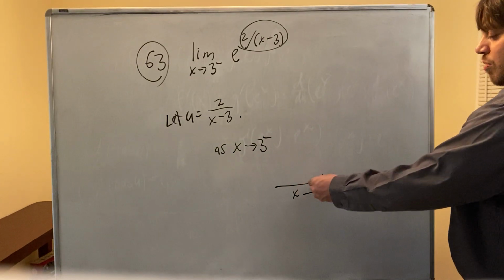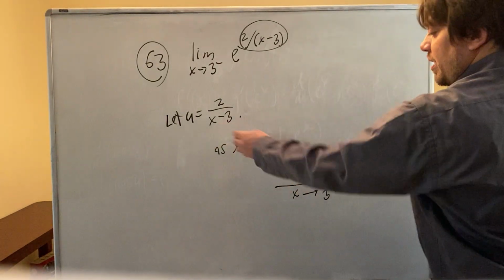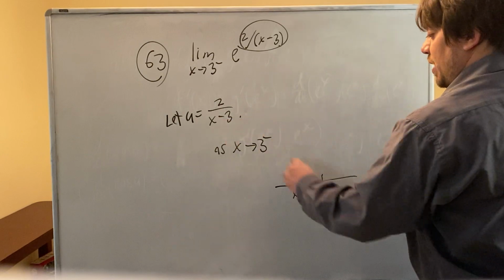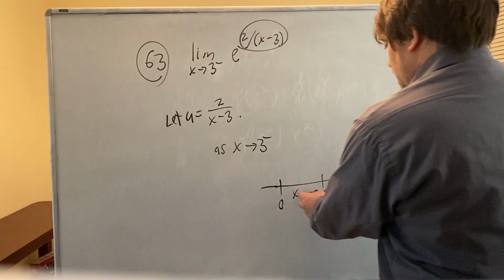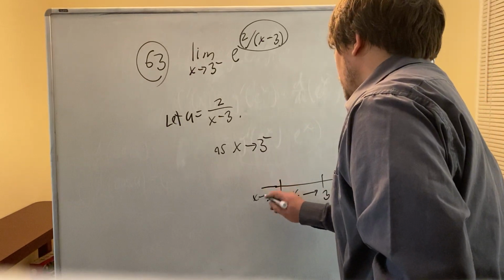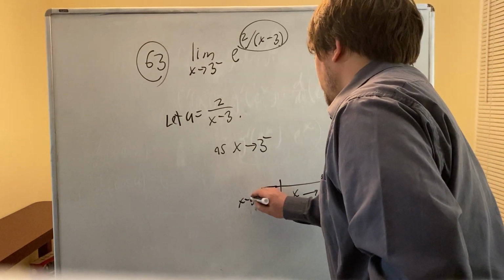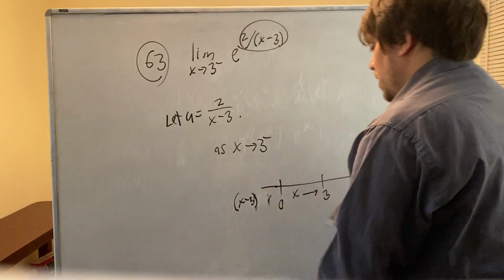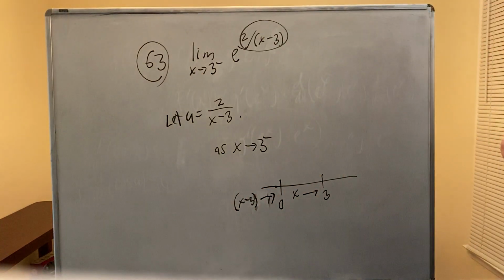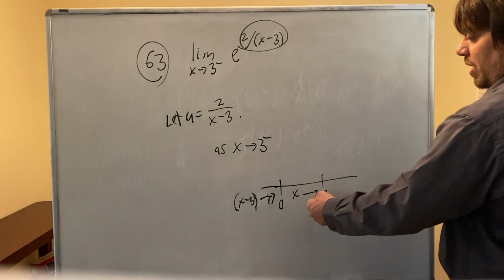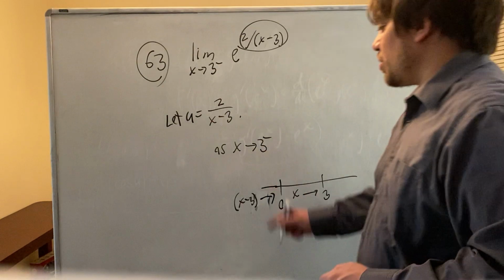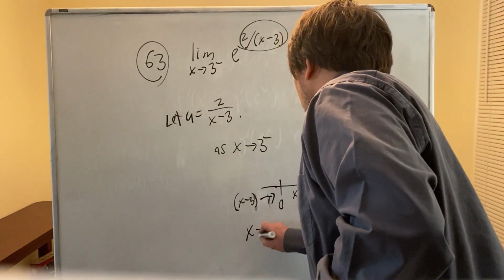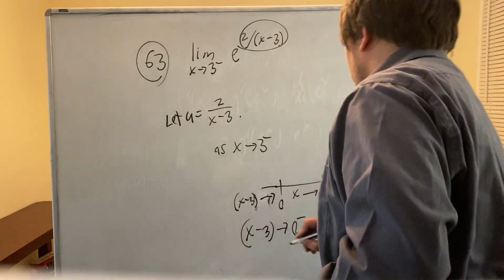So its number is smaller than 3. If you take the numbers approaching 3 from the left and subtract 3, you shift them over by 3. So x minus 3 is approaching 0 from the left.